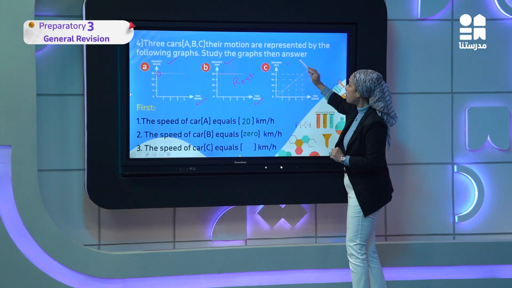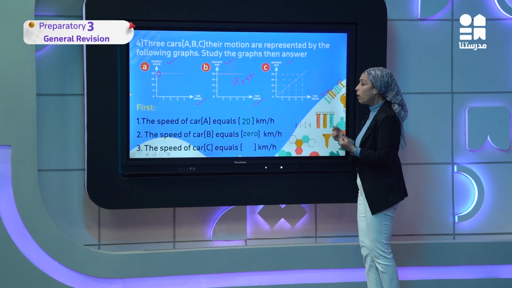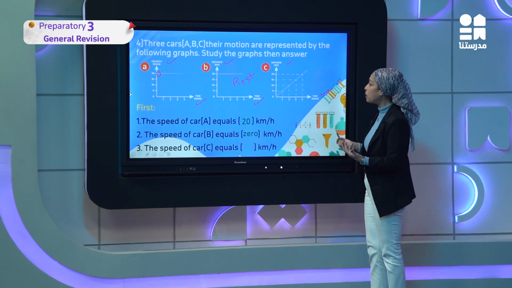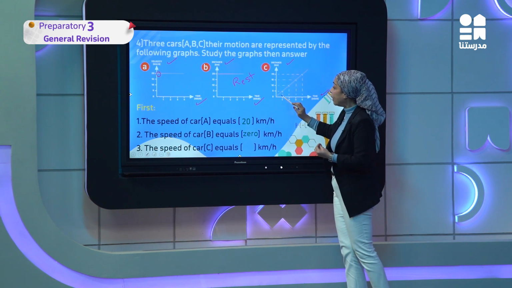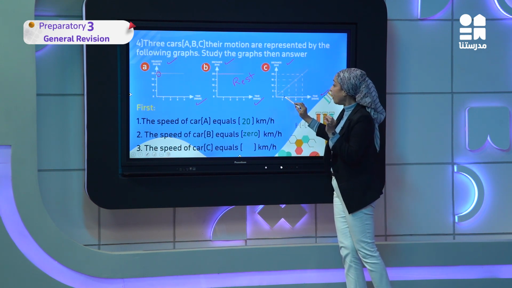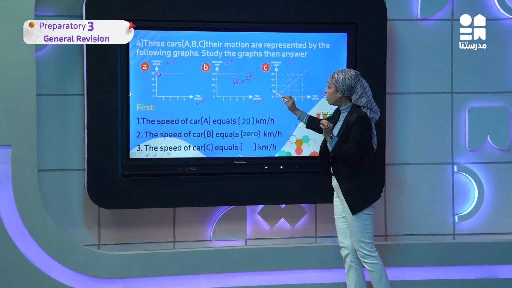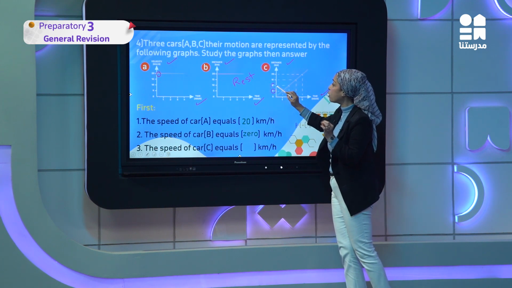The speed of car C. Car C, distance and time. Okay, it's speed. How much is the speed of car C? Let's see. Here I have to calculate it, because at each point, each time, the car covers a different distance.